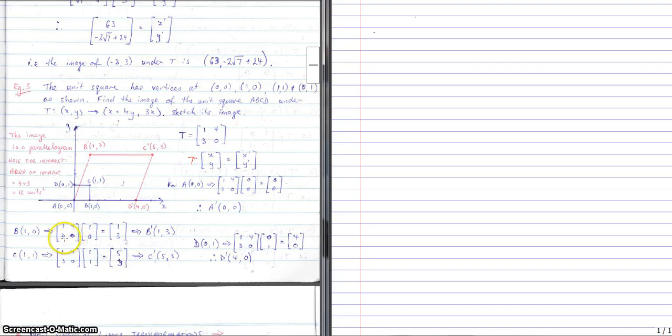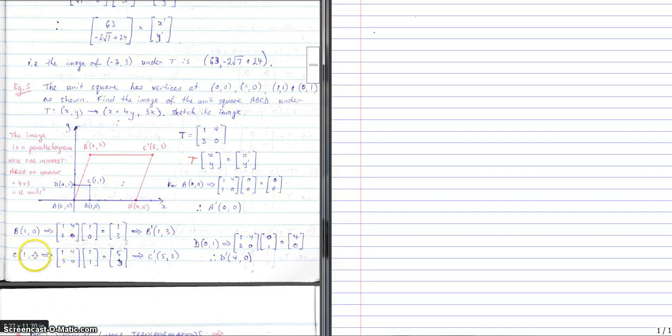So we've got our transformation matrix T multiplying by 1, 0. 1 times 1 is 1, plus 4 times 0 is 0. So we've got 1. And then for our y coordinate, 3 times 1 is 3, plus 0 is 3. So it becomes 1, 3. So we can move across to 1 and up 3. That's our image point B prime.